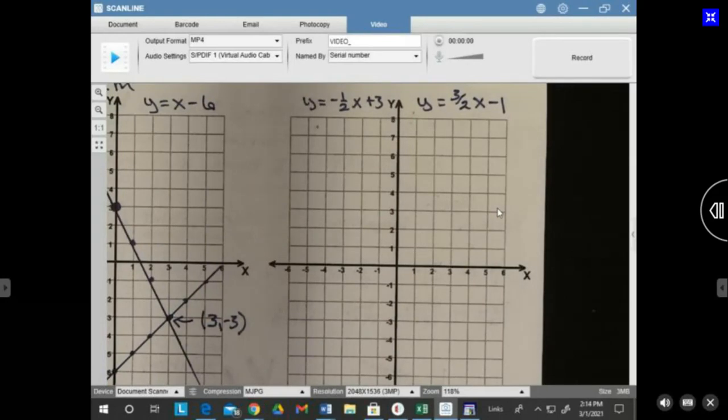Is the first one the negative slope? -1/2 x plus 3. Okay, I'm going to put 2 minutes on the timer.